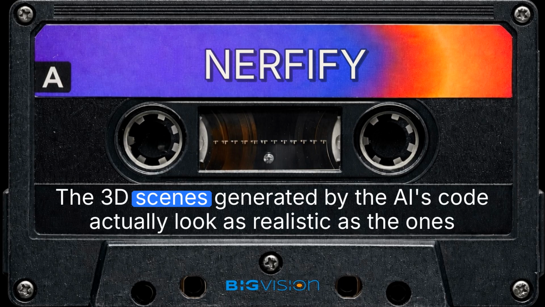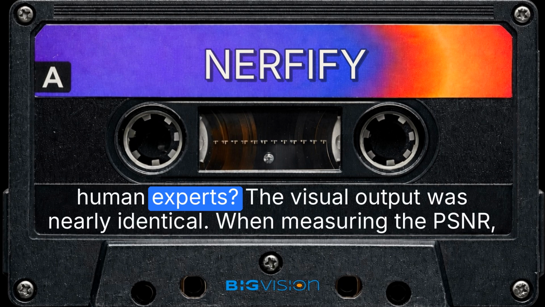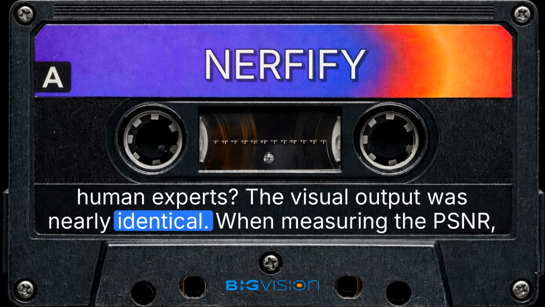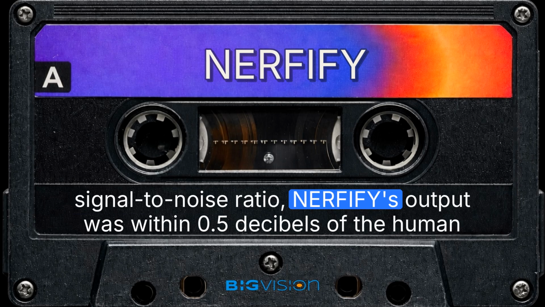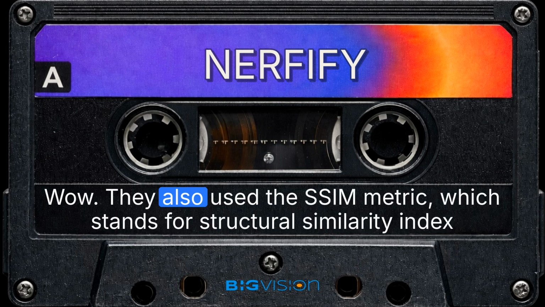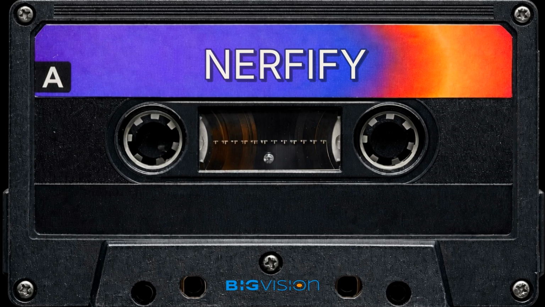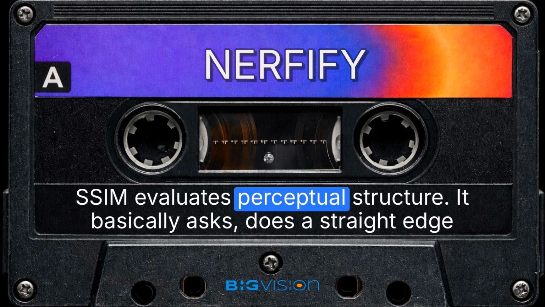But did the 3D scenes generated by the AI's code actually look as realistic as the ones built by the human experts? The visual output was nearly identical. When measuring the PSNR, that peak signal-to-noise ratio, NeRFify's output was within 0.5 decibels of the human expert's output. Wow. They also used the SSIM metric, which stands for Structural Similarity Index Measure. SSIM evaluates perceptual structure.